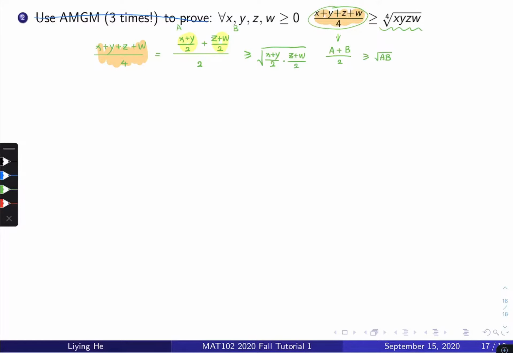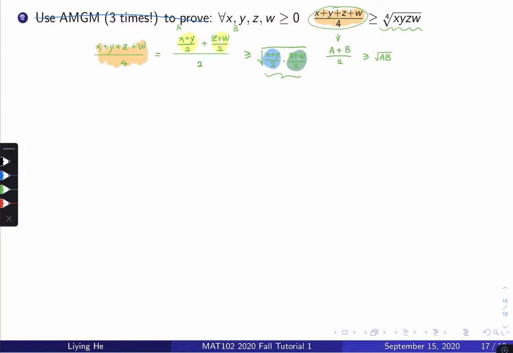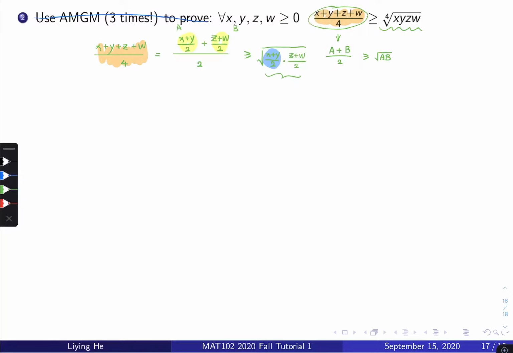I notice that I have this times this. Okay, I think the color is too dark. Let me change to another color. Let's use this. Okay, so I have (x plus y) over 2 multiplied by (z plus w) over 2.